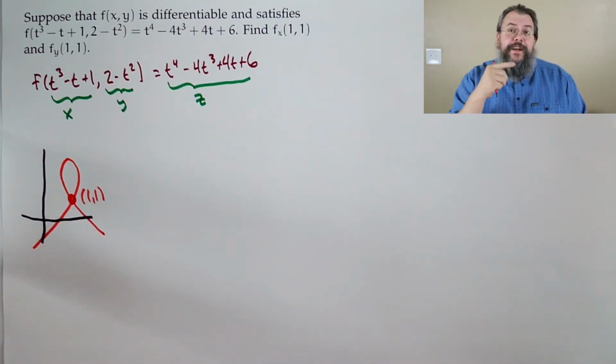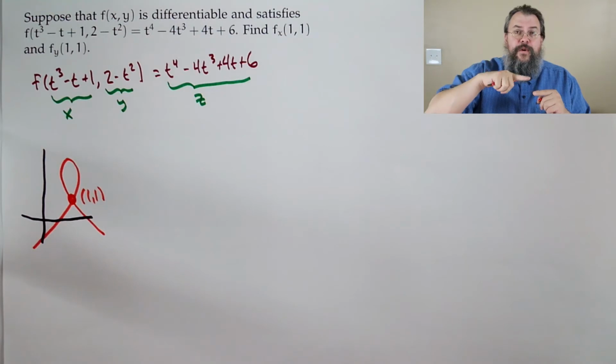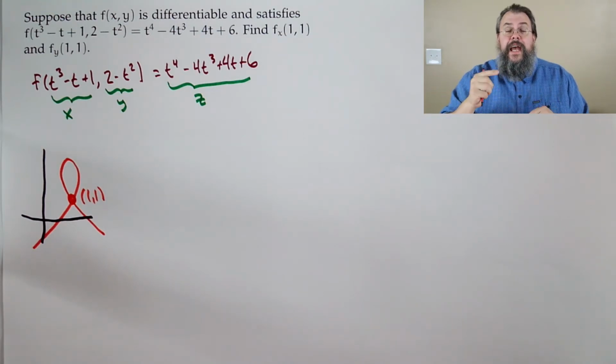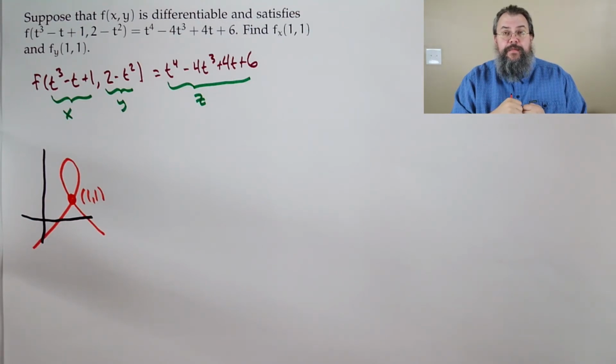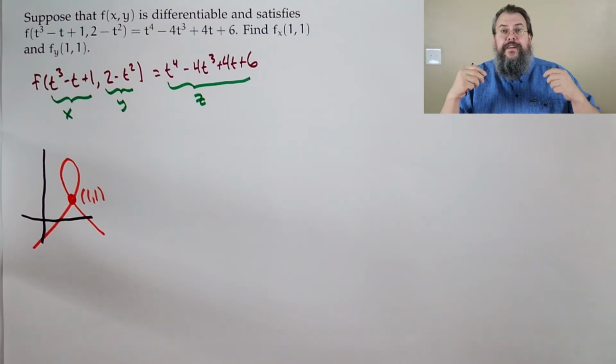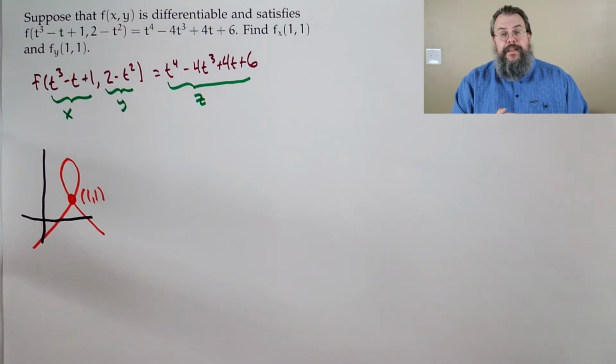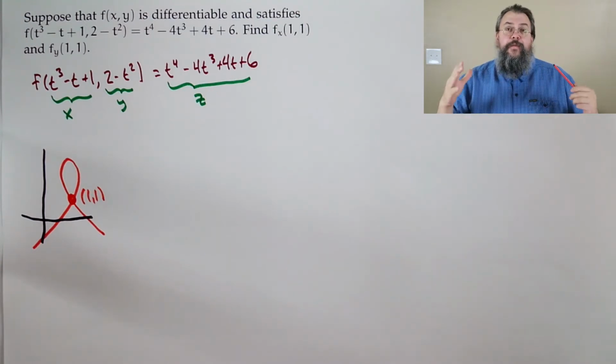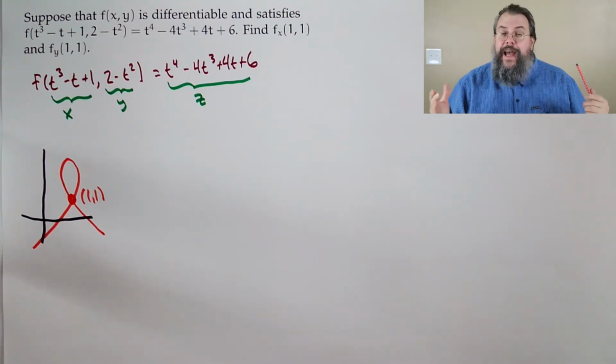The fact that it crosses itself twice says you actually have two chances to gain information about what's happening, and so that's why we have an opportunity to gather two pieces of data about what's happening at that point. Now, let's figure out if this is accurate.